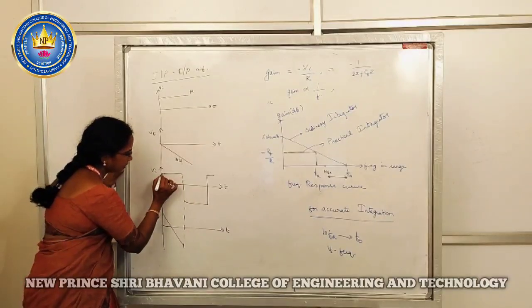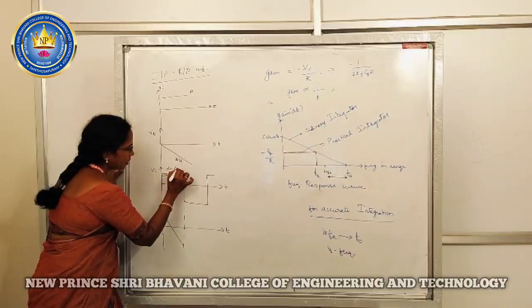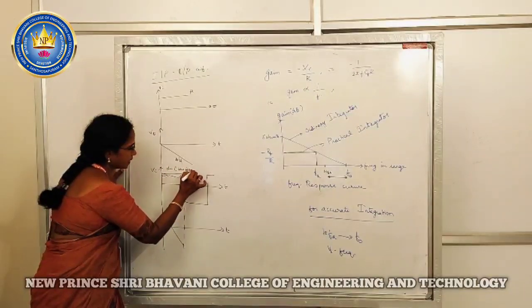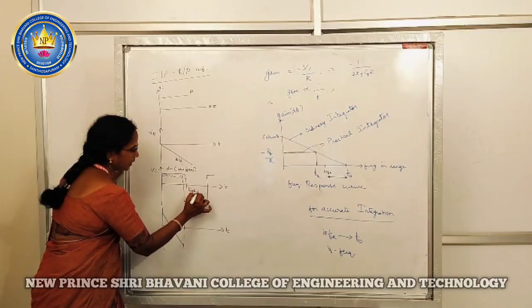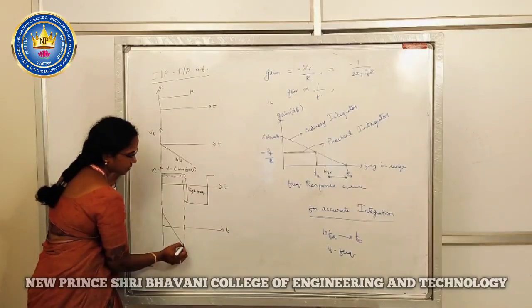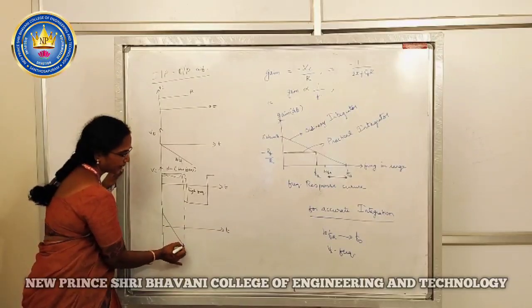This is the DC or low frequency signal in the input, and this part is the high frequency signal in the input. For this there is no change. This is the maximum value, and it remains in the same state.